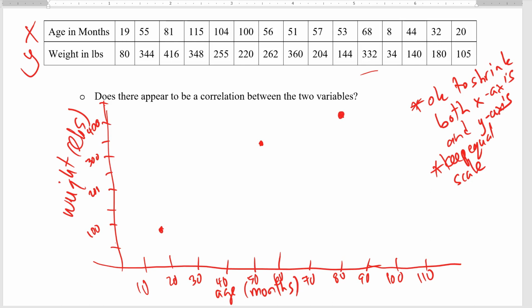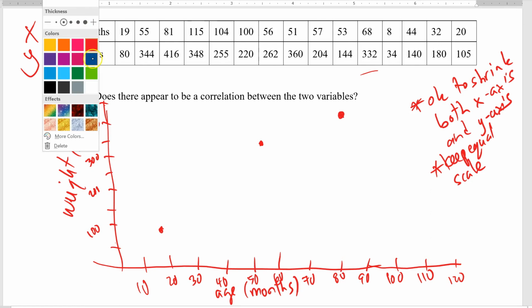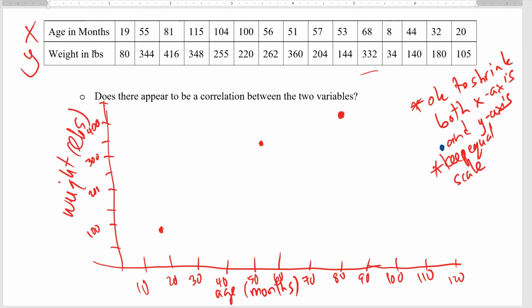Okay. What are we at? 115 and 348. So that's going to be kind of frustrating. Let me see if I can get this in a different color so we can see it. So 115 and 348. So like here. Sorry about that.